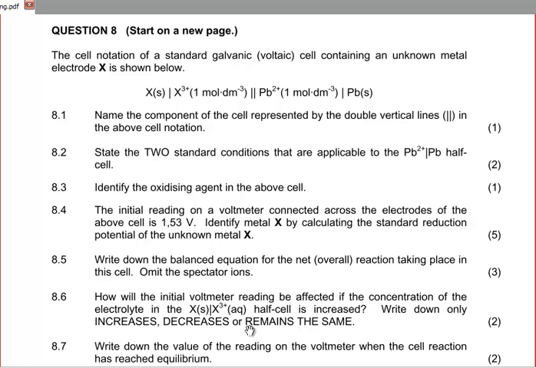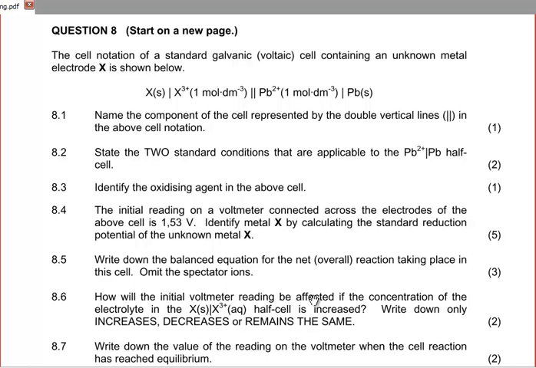Write down only increases, decreases, or remains the same, right? The question is saying how will the initial voltmeter reading be affected if the concentration of the electrolyte in the X3+ half cell is increased, right?